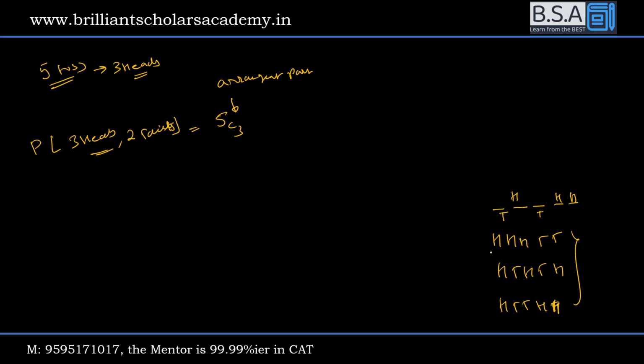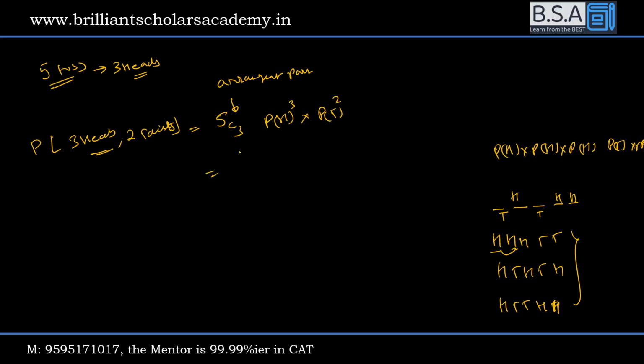Does the first head impact the other? No. So it will be probability of heads cube, probability of tails square. You're basically saying probability of heads into probability of heads into probability of heads, because they are independent events, into probability of tails into probability of tails.